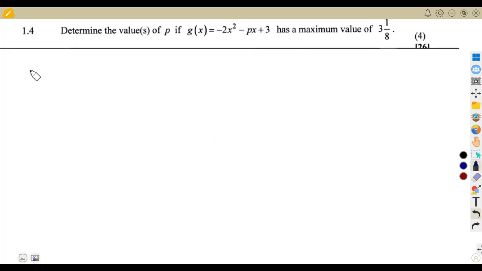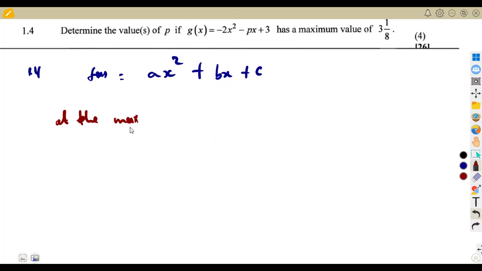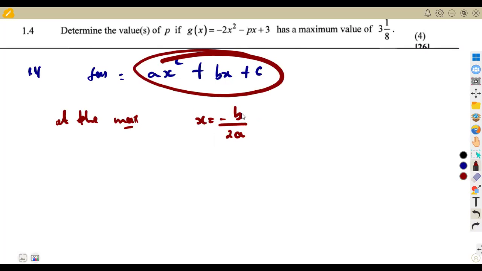If we are given a function f of x equal to ax squared plus bx plus c, remember, it states that at the maximum turning point or minimum turning point, the value of x is equal to minus b over 2a, provided that we have this type of format.